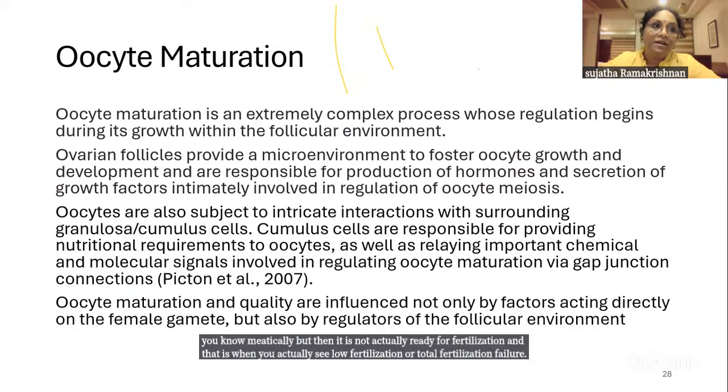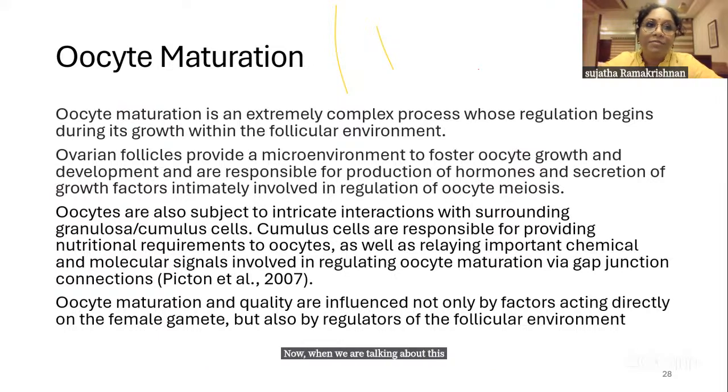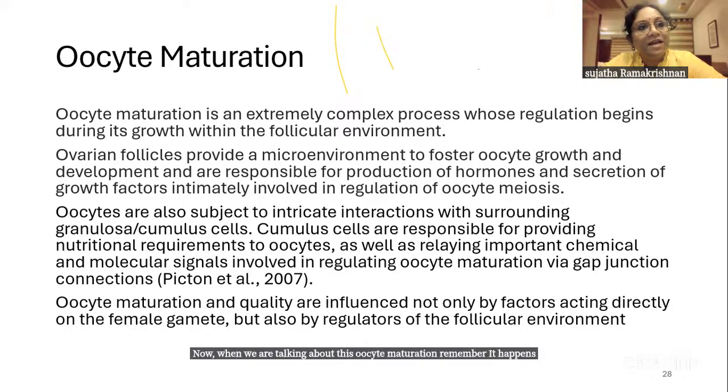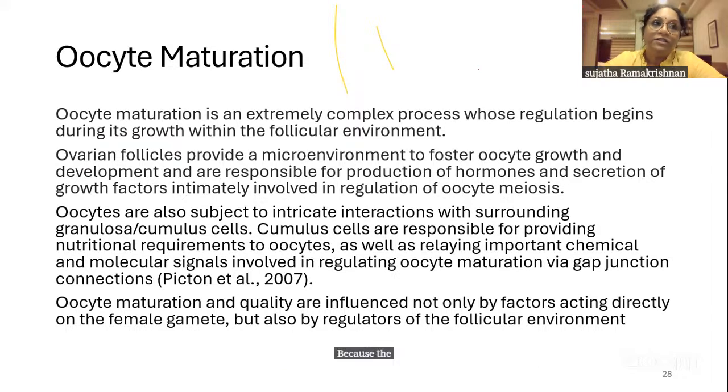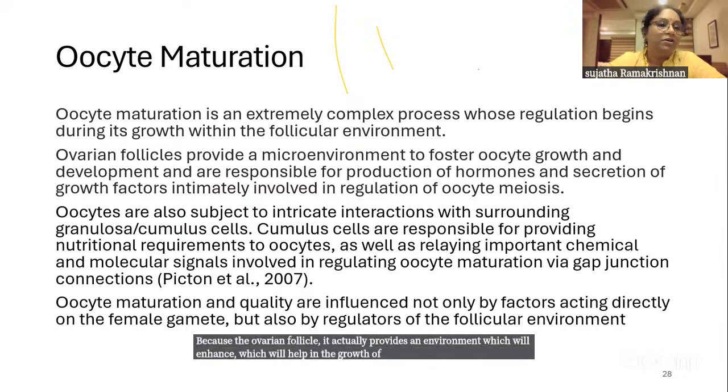Now, when we are talking about oocyte maturation, remember, it happens during its stay in the follicular environment. The ovarian follicle provides an environment which helps in the growth of the oocyte. A lot of hormones are involved, growth factors are secreted, and this also helps in the regulation of oocyte meiosis.